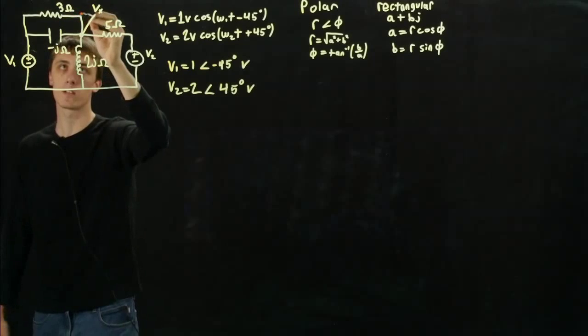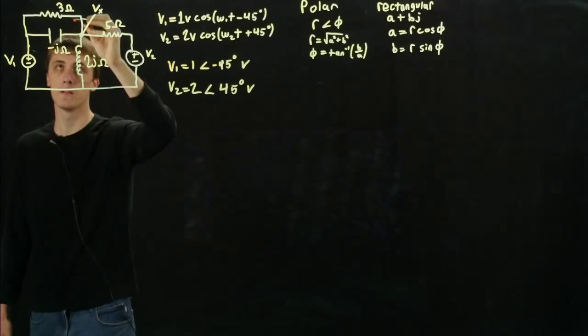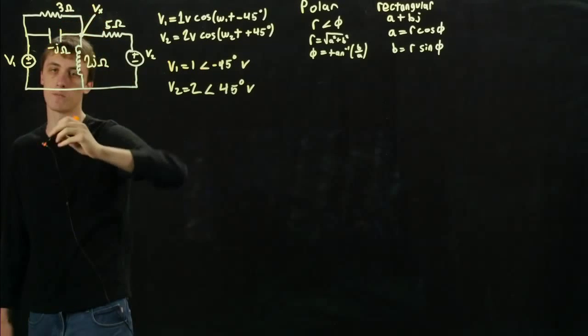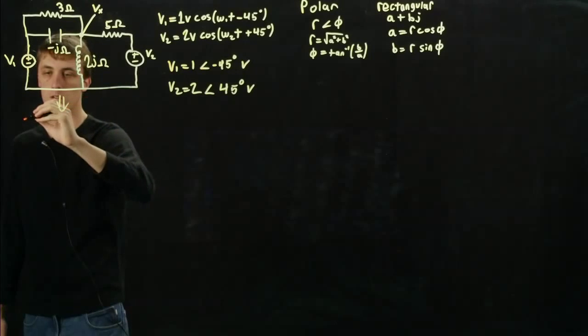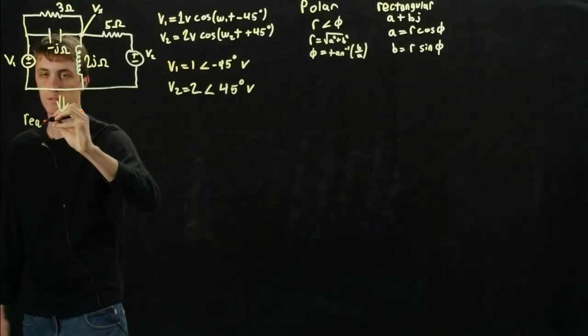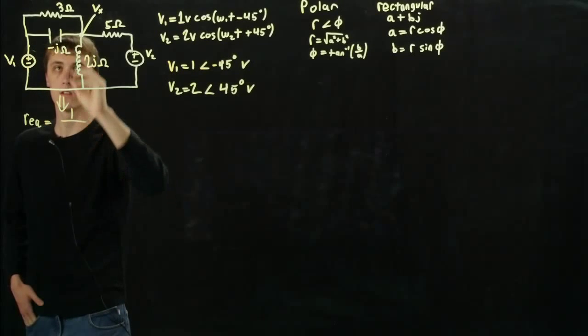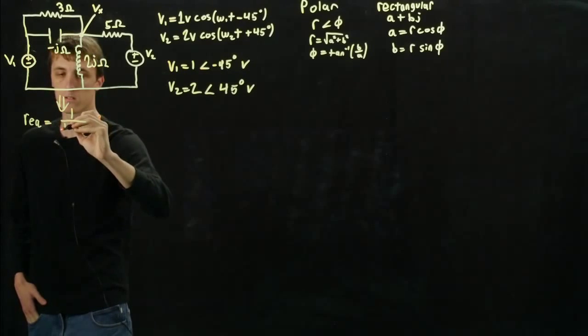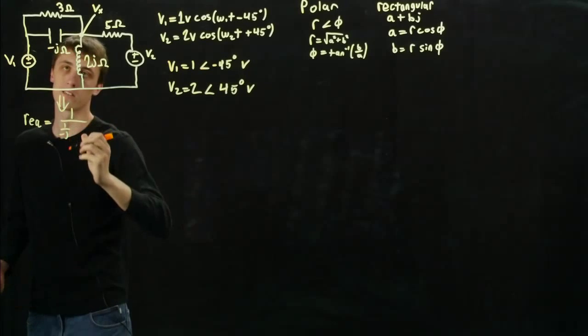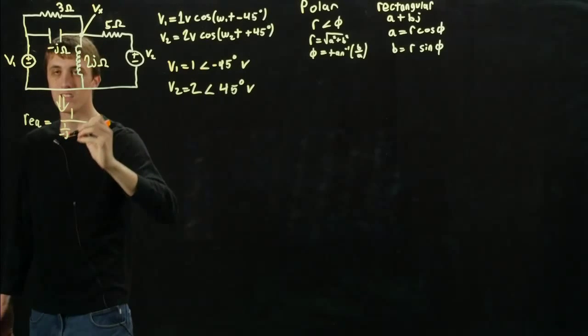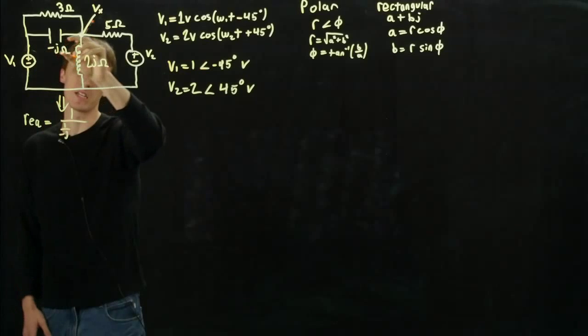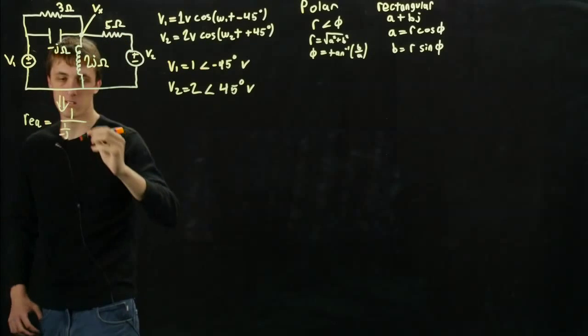So the first thing that we see is we have a parallel resistor and capacitor, so we can combine those, with the equivalent resistance equal to 1 over the first resistance. They're impedances, technically impedances, but we can treat them as resistances.